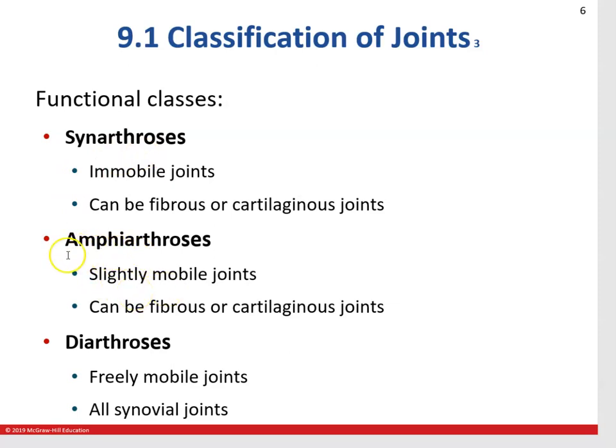I think of amphi as meaning a little of one, a little of another, like amphibian, a little on the land, a little in the water. So slightly movable is not quite immobile, but not quite completely mobile. It's kind of in between. Amphiarthroses can be, again, both fibrous or cartilaginous. And then diarthroses are freely movable joints, and these are our synovial joints.